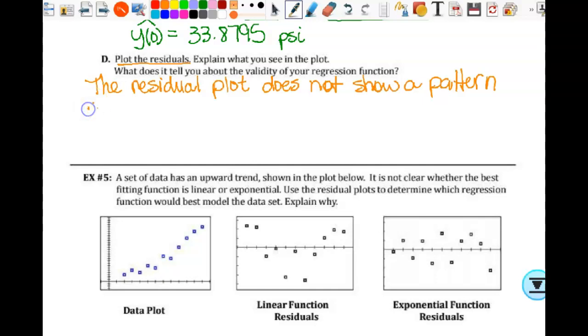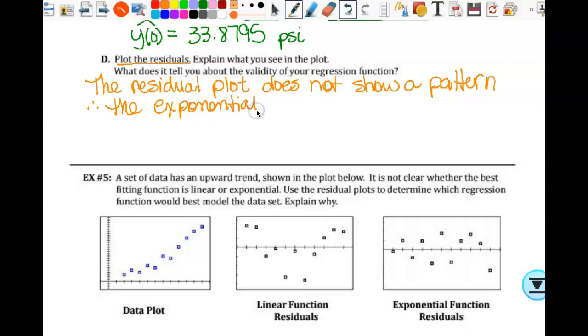Then I can do this. What does that mean? Therefore. Or you can write out therefore, or you can say so, or however you want to do it. But therefore, the exponential regression model is good for this data.